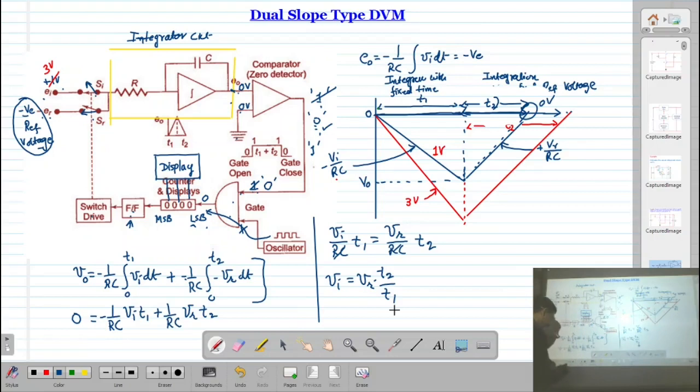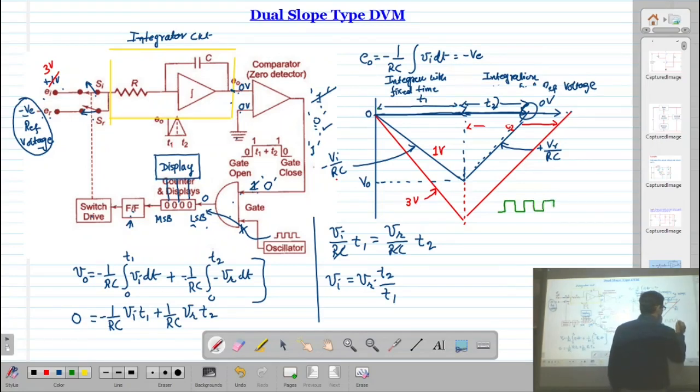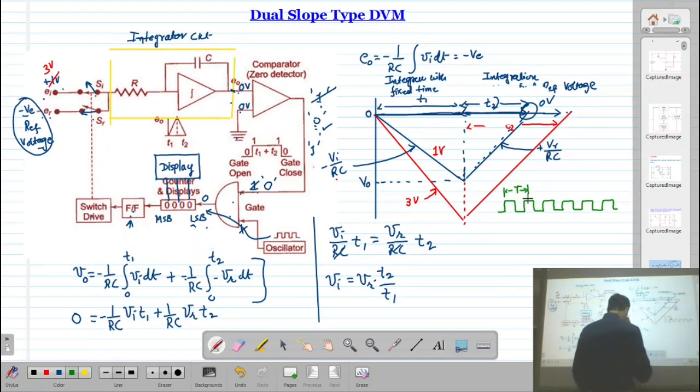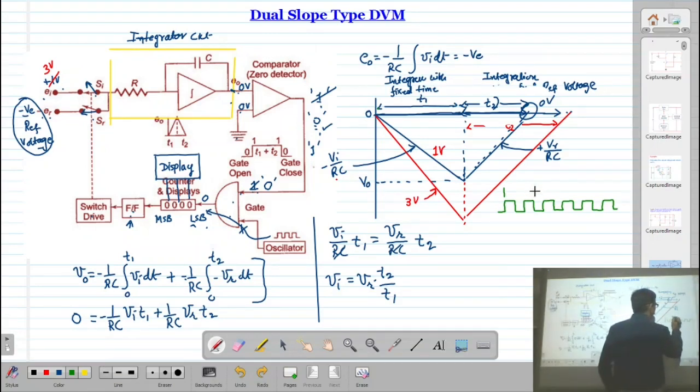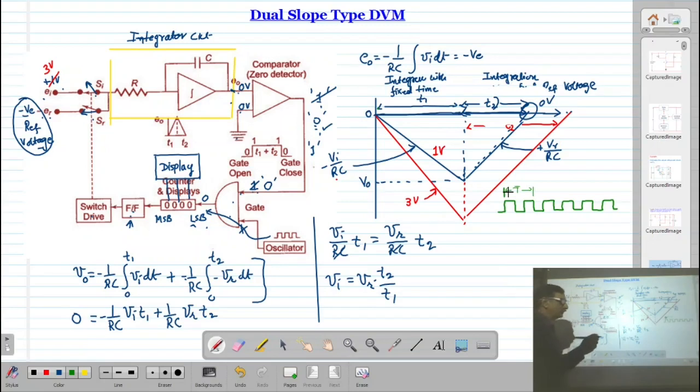Suppose I have clock pulses like this, and the periodic time is T. Suppose the clock pulses are counting for a time period of T1.